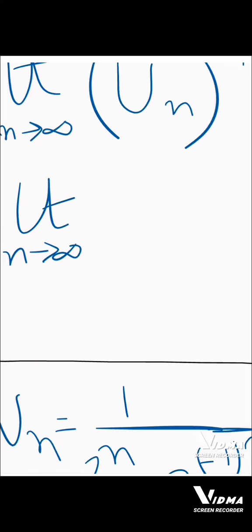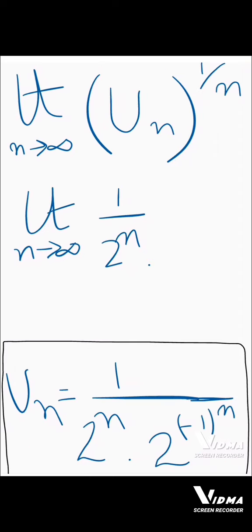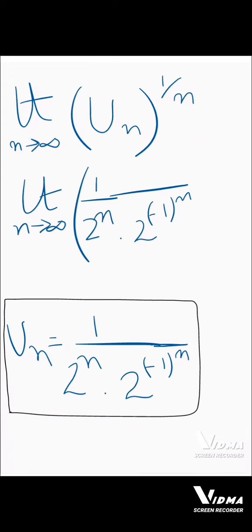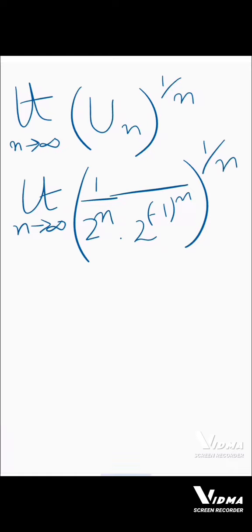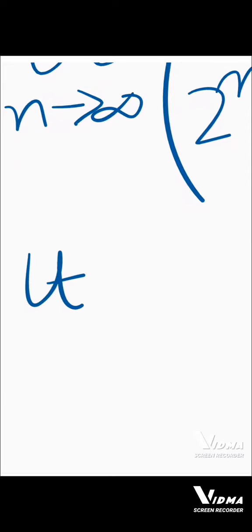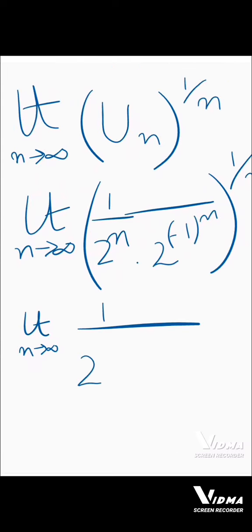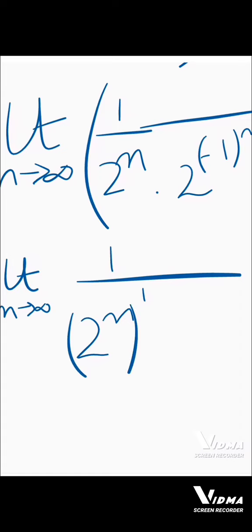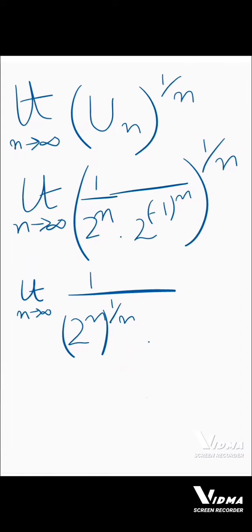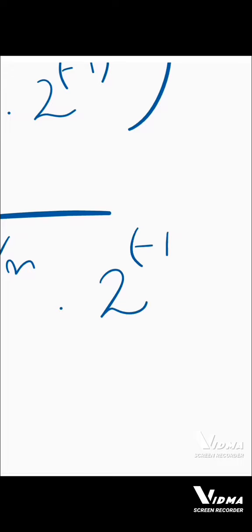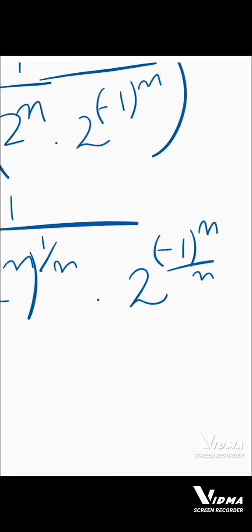So this will be the limit as n tends to infinity of u_n, which is 1 / 2^n, times 2^((-1)^n), and this whole factor raised to 1/n. Now, which is further equal to the limit as n tends to infinity of 1 / (2^n)^(1/n) times (2^((-1)^n))^(1/n), right?